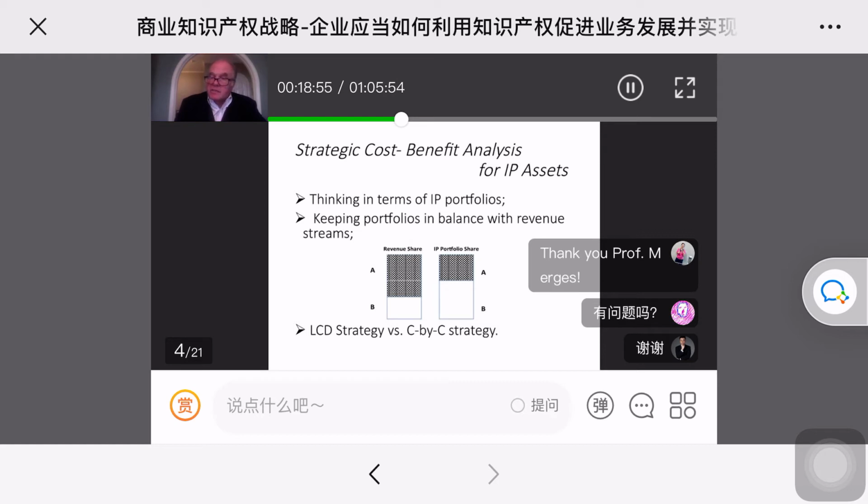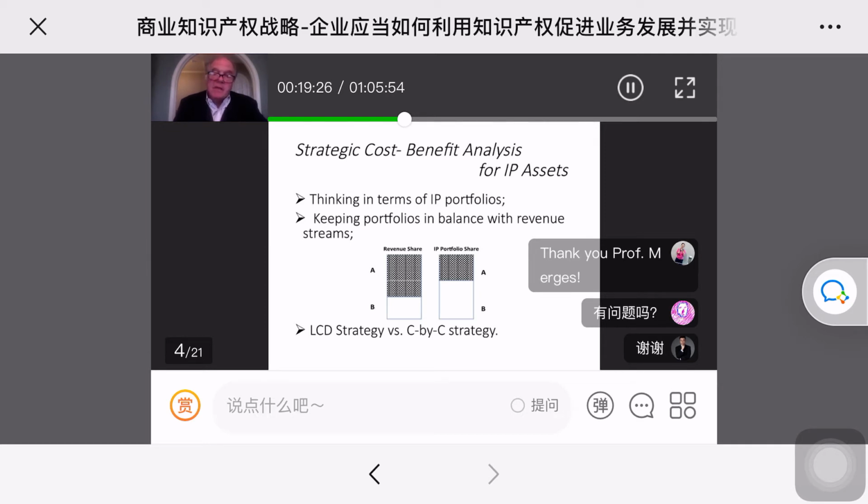So if you look at this little diagram in this slide, on the left I have a simple diagram which shows the revenue share between two products that a company has, product A and then product B. So the box on the left is a kind of a diagram that shows where does your revenue come from between the two products A and B.